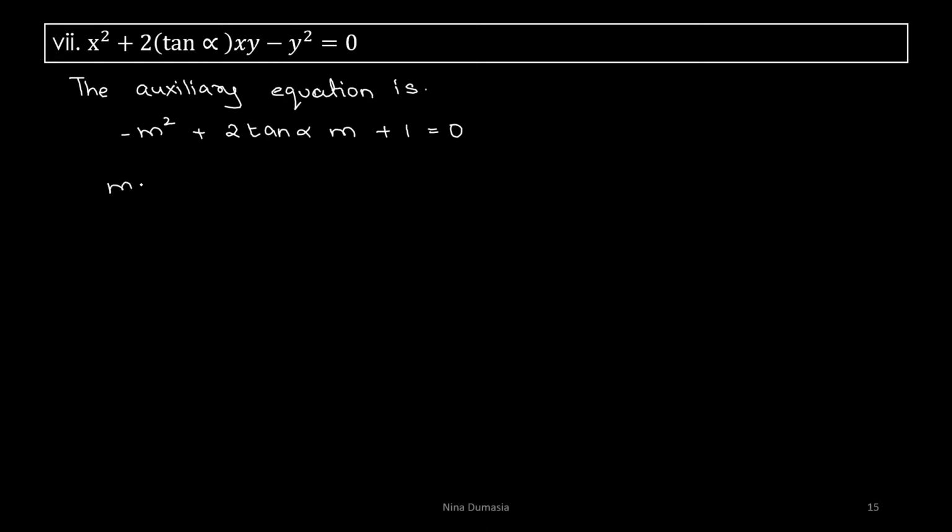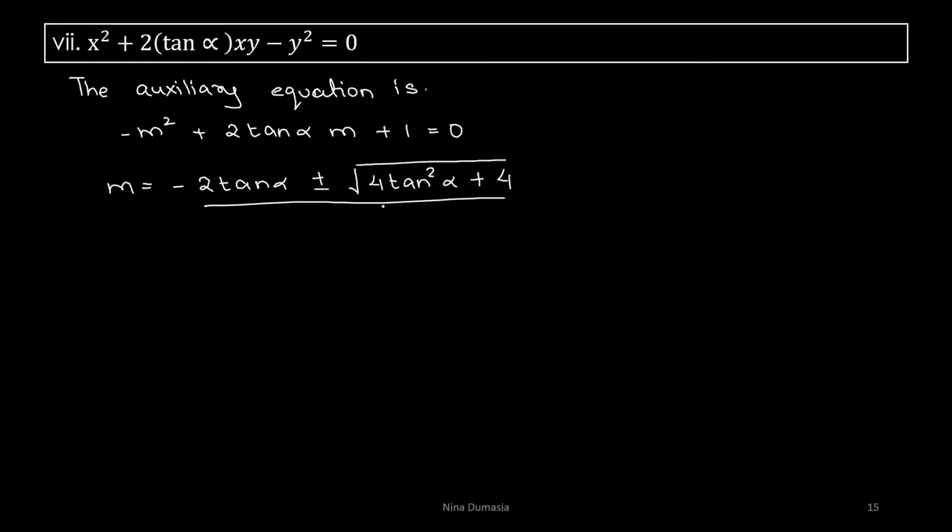Now therefore m is equal to minus 2 tan alpha plus minus square root of b square, which is 4 tan square alpha, minus 4 into ac, but here a is 1, so this is plus 4, okay, divided by 2 into minus 1 because a is minus 1. This is equal to minus 2 tan alpha, here we can take 2 common, so we have plus minus 2.